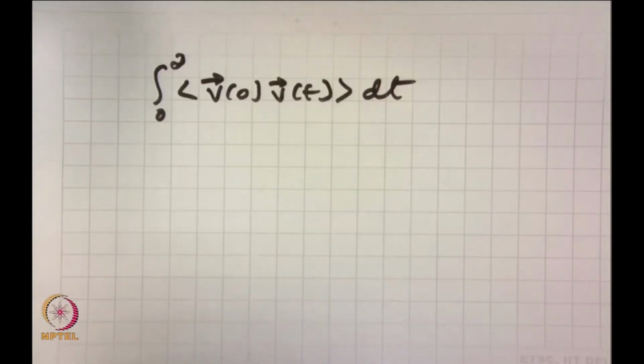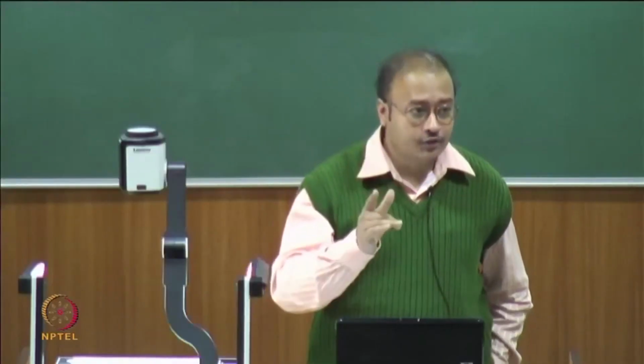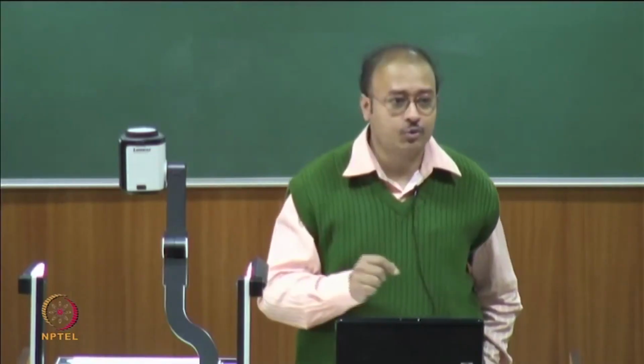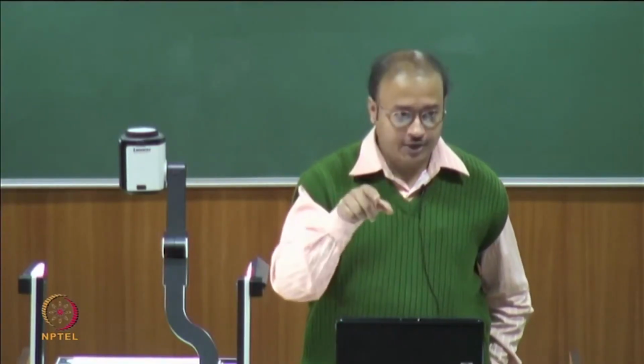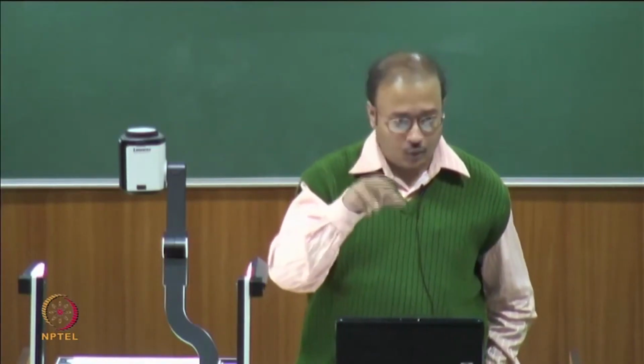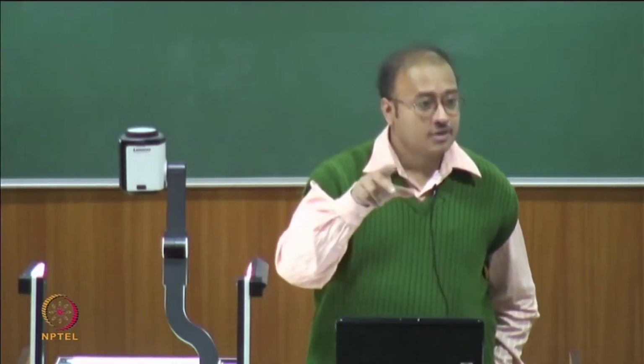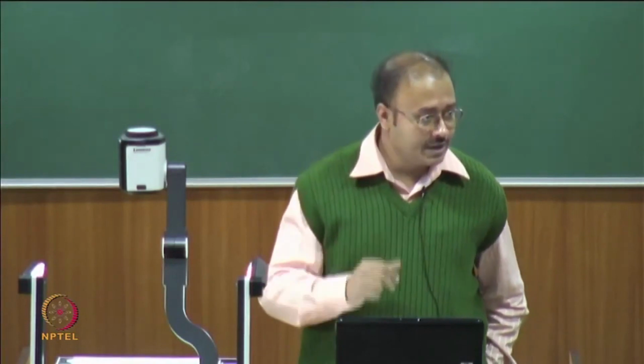Keep this in mind, when v's are vector quantities, then what is v(0)? So, v(0) is essentially equal to v0x times i plus v0y times j plus v0z times k, the i, j, k being the unit vectors.